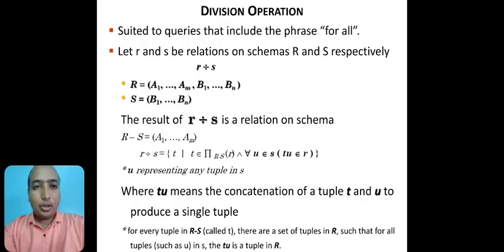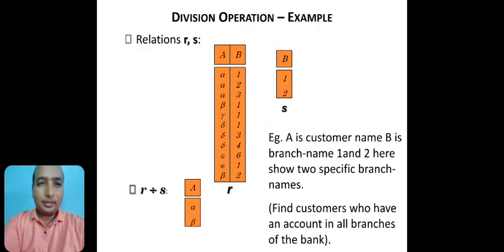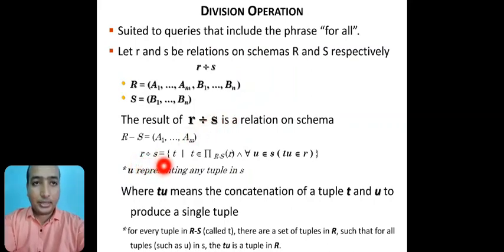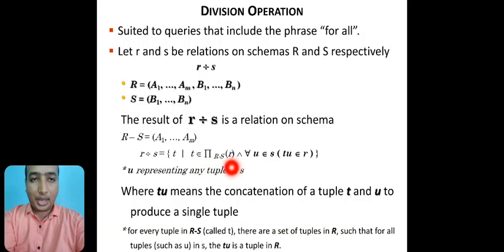When I am writing the R division operator, it is going to be represented in this way. You have T for all T belonging to the projection of R minus S from the relation R, and for all U belonging to S, where S is the relation on the schema S, in brackets you write TU belongs to R. This TU is a concatenation of the tuple T and U to produce a single tuple.